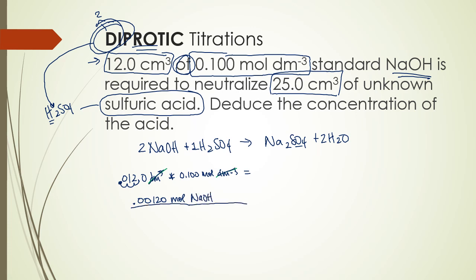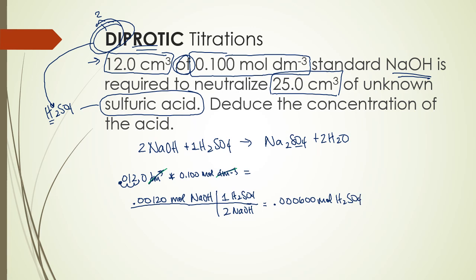Now we're going to go ahead and throw in our railroad tracks. 2 sodium hydroxides on the bottom, 1 sulfuric acid on the top will be my mole ratio here, and that's going to give me 0.00120 times 1 divided by 2, 0.000600, keep those 3 sig figs, moles of H2SO4.